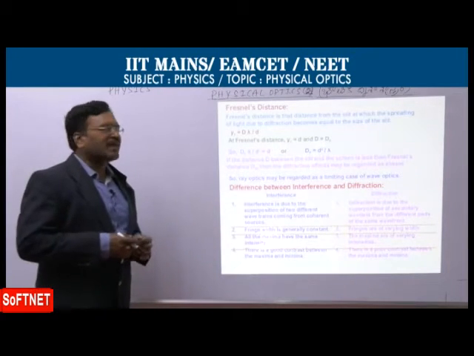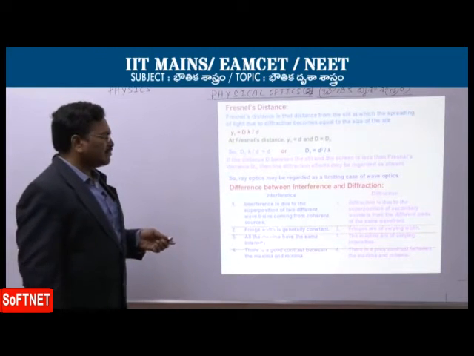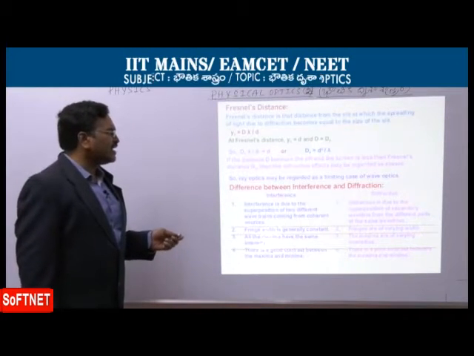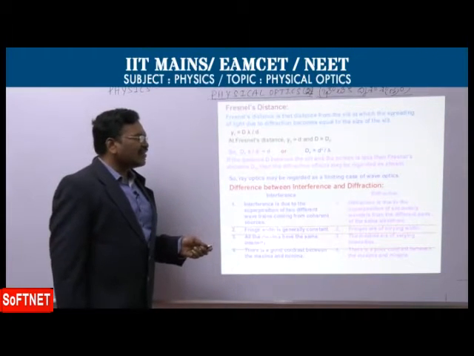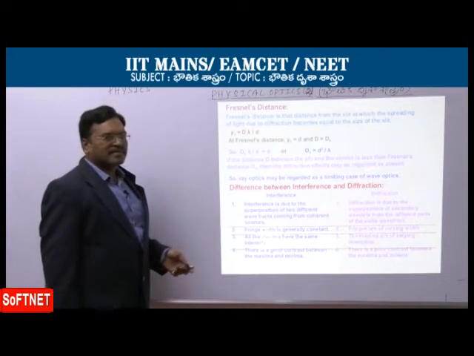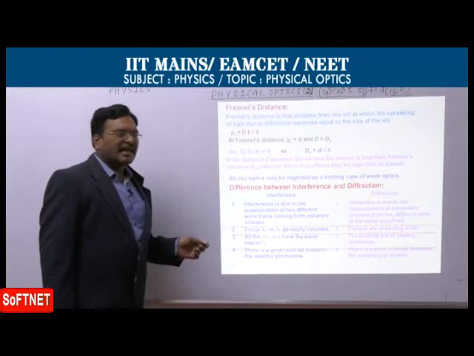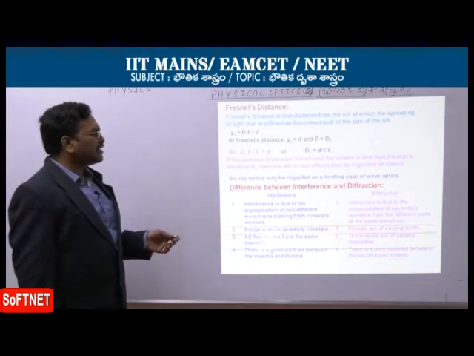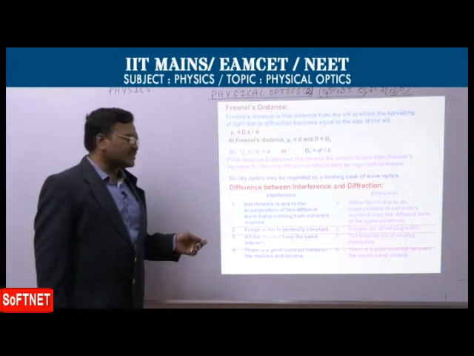So ray optics may be regarded as the limiting case of wave optics. In the case of ray optics, this is possible when the distance between the slits and screen is less than the Fresnel distance.